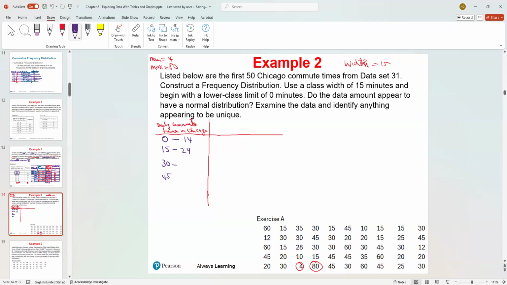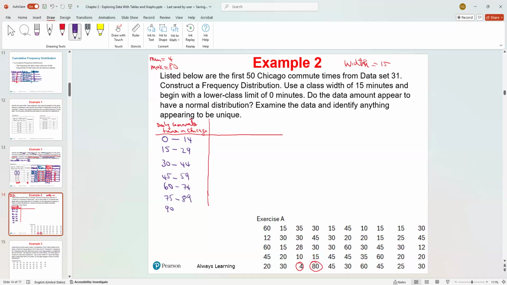That one was 44. So 45 plus 15 is 60, meaning this one is 59. 60 plus 15 is 75, which means 74. 75 plus 15 makes it 90, and this one is 89.